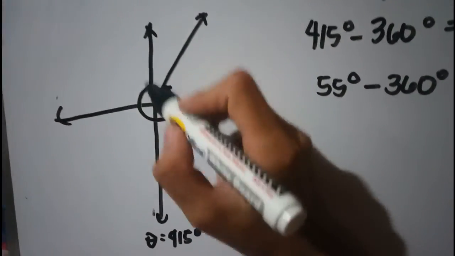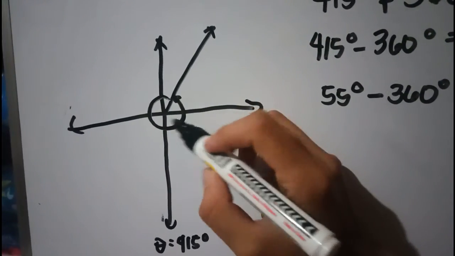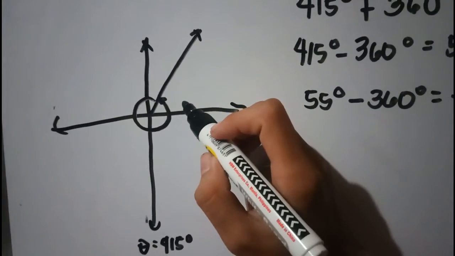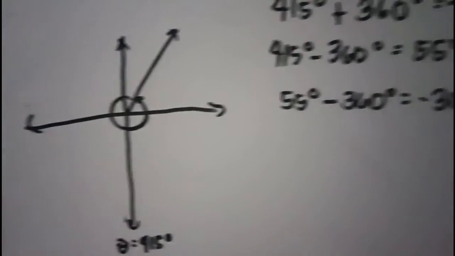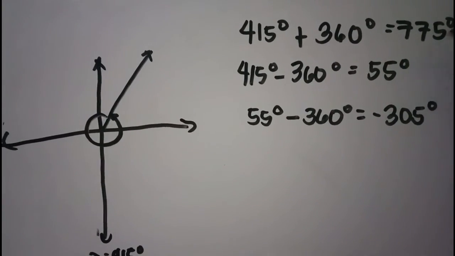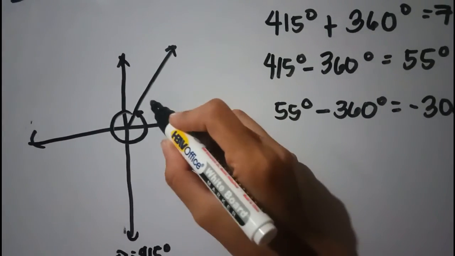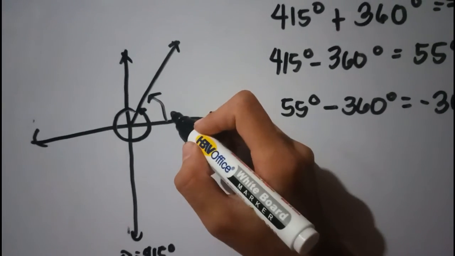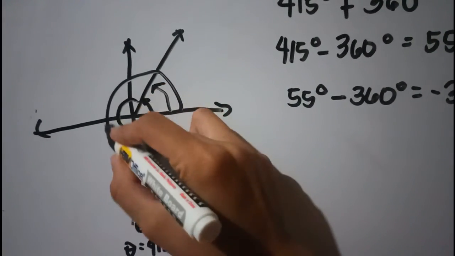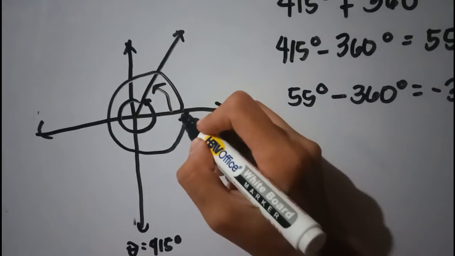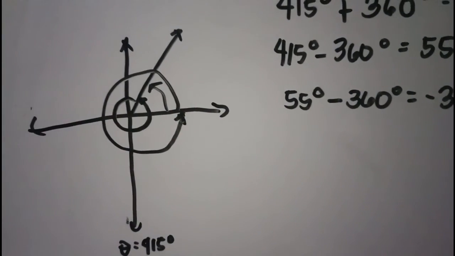If this one is 415 and the positive coterminal angles are 55 degrees and 775, we have this one as 55 degrees and the other one is 775 degrees.